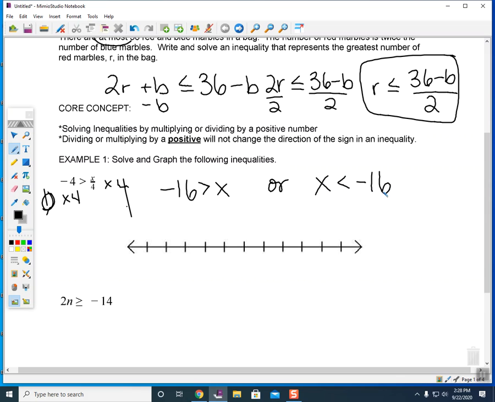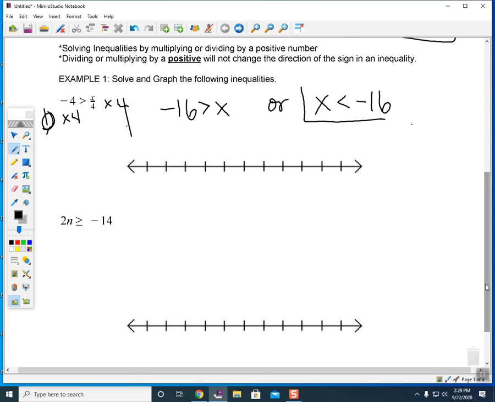Negative 16 is greater than x is the same as x is less than negative 16. The two statements are equivalent, just written in a different way.